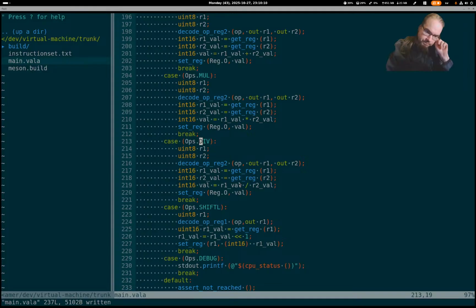Okay. But none of this is correct. That's the problem. Does this actually produce the right code? I have no idea.